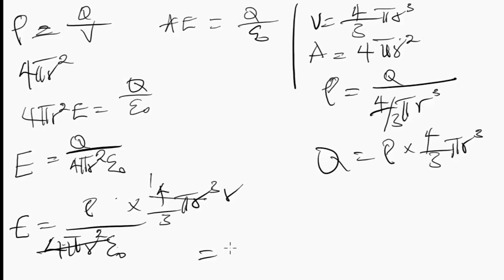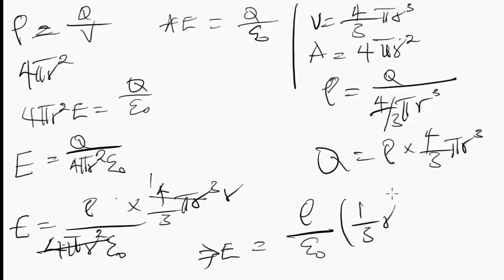So ultimately I'm going to have my E to be rho over E naught times 1 over 3 r. And remember, this is r cubed and this is r squared. So when you divide this, you should just have r. Now 4 here is 1, pi goes for pi, and then this is 1 over 3. So ultimately I have E to be the volume charge density rho over E naught times 1 over 3 R.